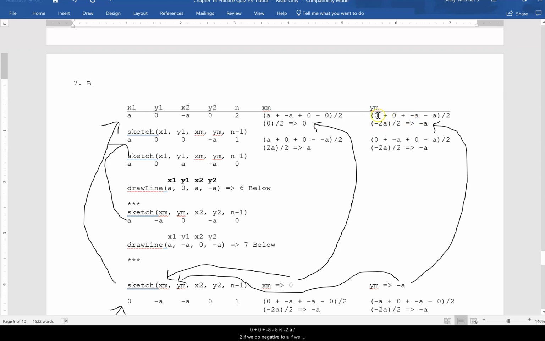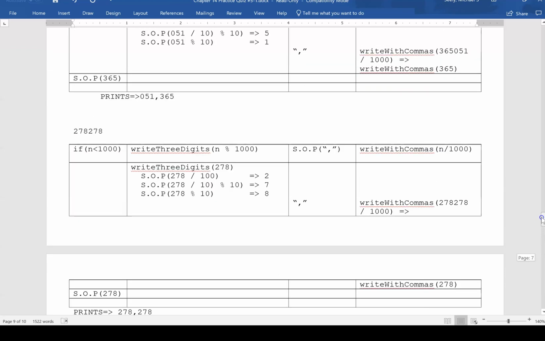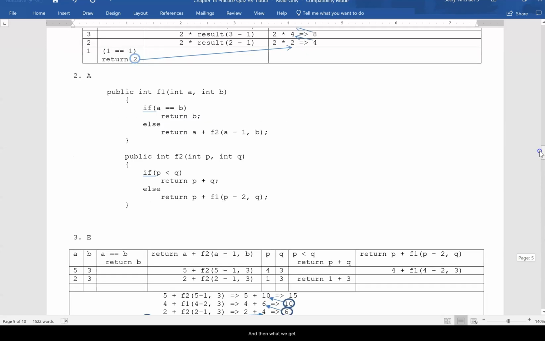Then we've got 0 plus 0 plus negative a minus a is negative 2a divided by 2. Negative 2a divided by 2 gives us negative a. So those get passed in.